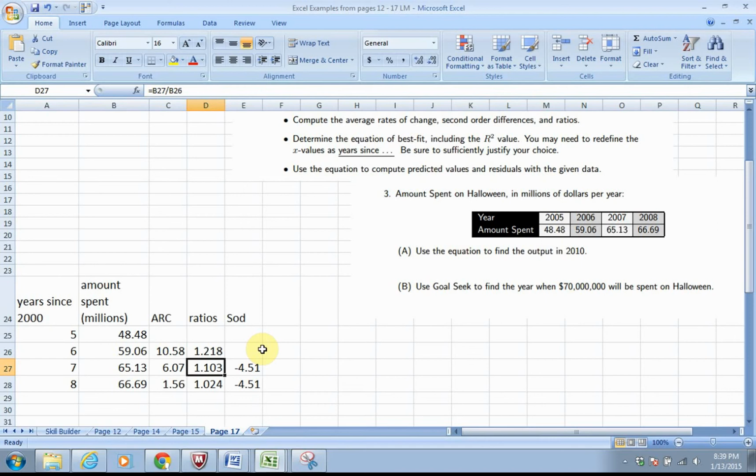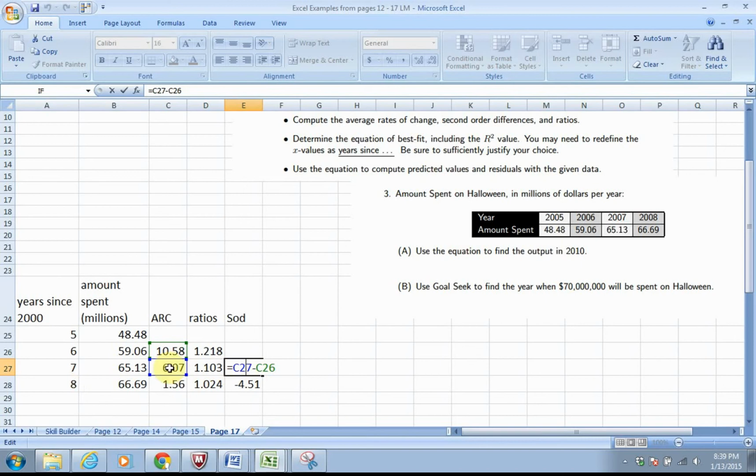Second order differences are basically something that we use really to predict quadratic functions, and I wanted to make sure that on this one I spoke about that because interestingly enough, these second order differences that we're seeing here are exactly the same. Second order differences are the differences in the average rate of change, and because here we've got sequential years, we don't need to make it look like slope.